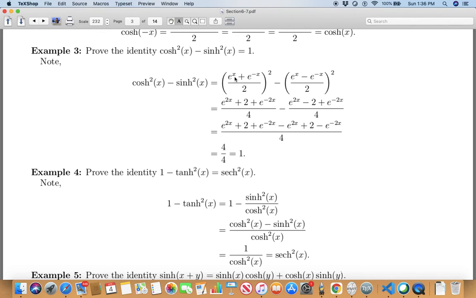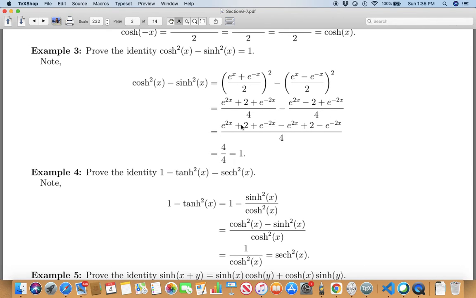Numerator: square of the first, 2 times first and second, plus square of the second. Notice this times this is a 1, so all I'm left with is 2 in the middle. Minus, same story: square of the first, minus 2 times this, plus square of the second.